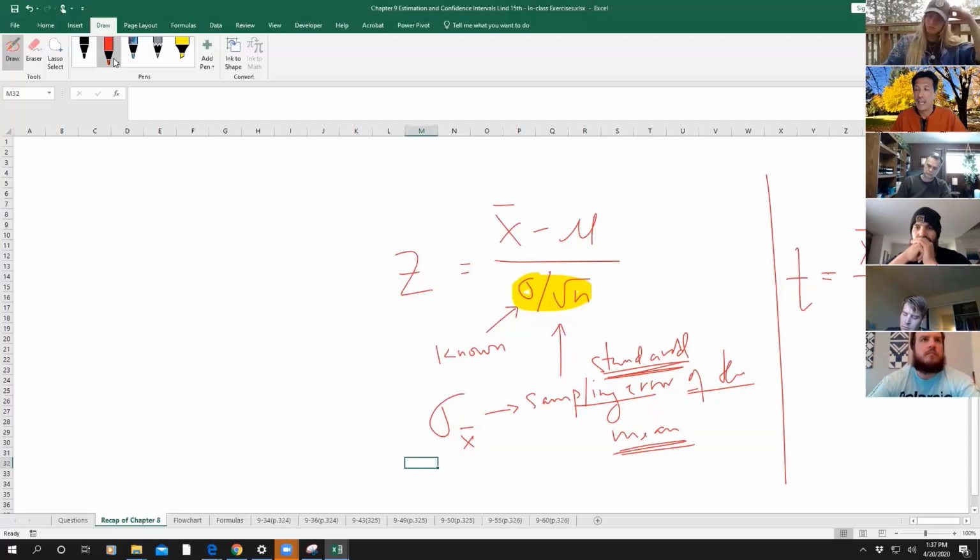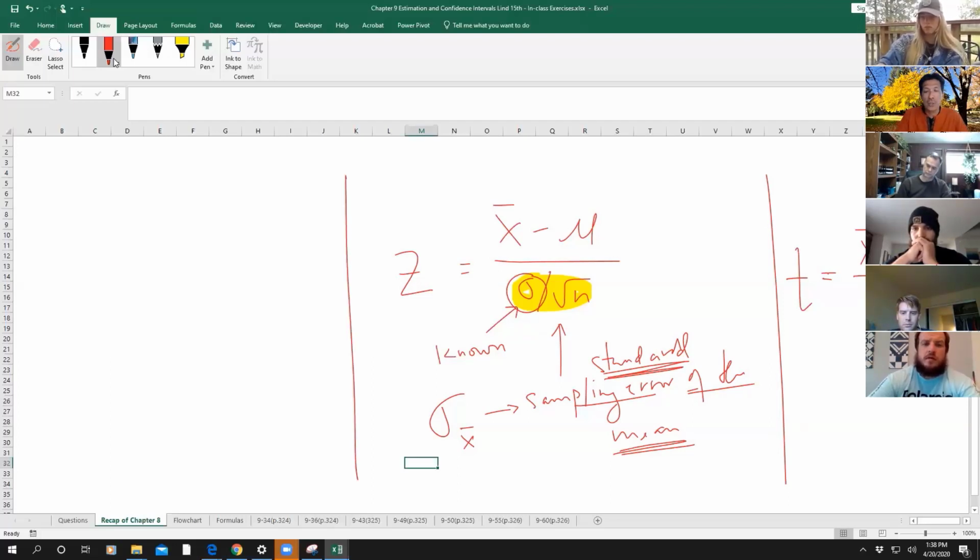So again, when sigma is unknown, and there will be many such instances, we will be using the sample standard deviation in place of the population standard deviation.